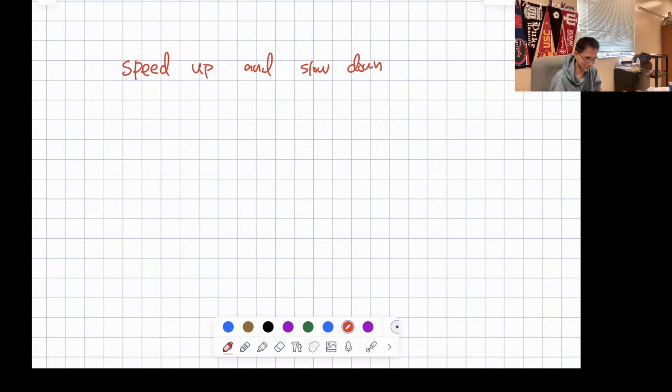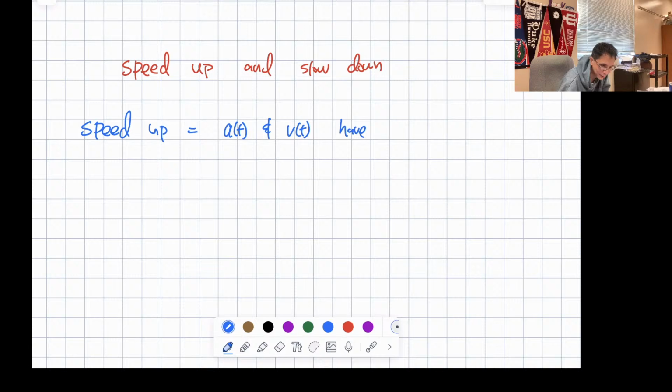Apparently it's not enough. All right, so let me write it down for you, so that hopefully you understand. Speed up. Now realize acceleration and velocity have a direction, so they can be positive or negative, right? Speeding up is when a of t and v of t have the same sign.